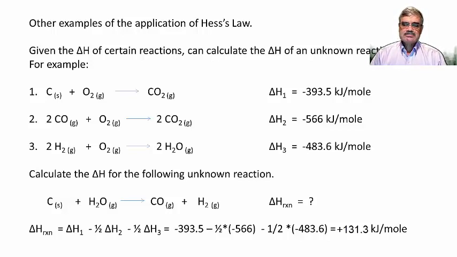The second reaction, carbon monoxide plus oxygen reacting to form carbon dioxide gas. That also turns out to be an exothermic reaction, minus 566 kilojoules. The third reaction, hydrogen gas plus oxygen gas to form water vapor. Well, this is the same reaction that I had before, except I'm now doubling it because I'm doubling the stoichiometries of the reaction.